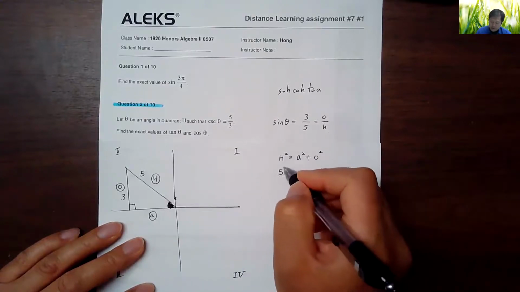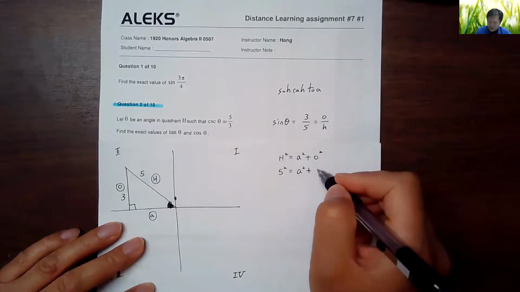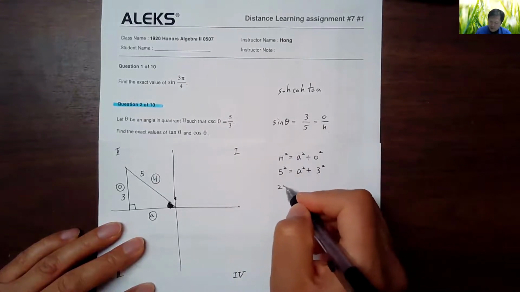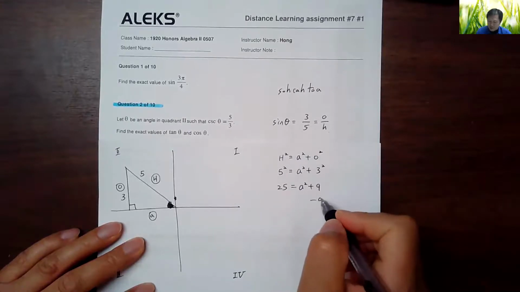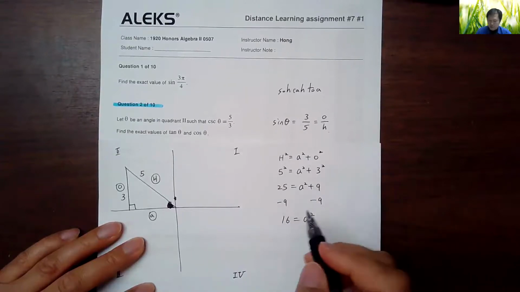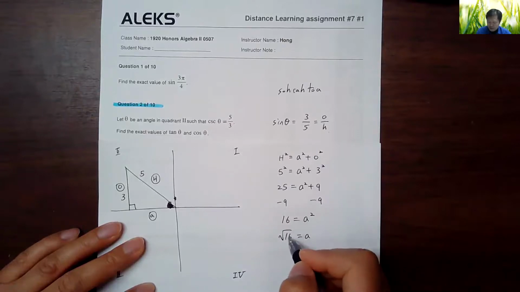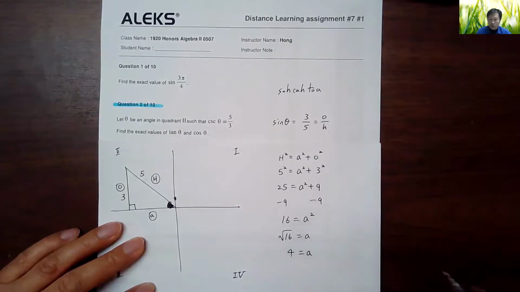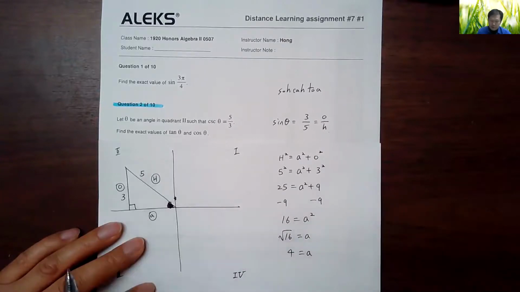Hypotenuse is 5, so 5 squared equals a squared plus 3 squared. So 25 equals a squared plus 9. Subtract 9 from both sides: 16 equals a squared. Take the square root on both sides. A is the square root of 16, which is 4. This could all be avoided if you remember 3, 4, 5.